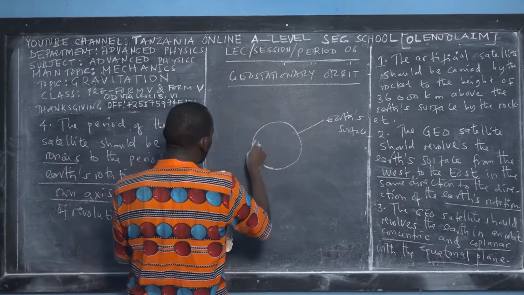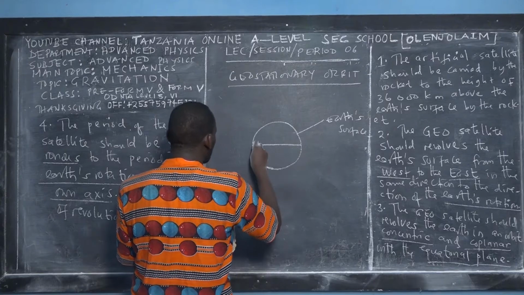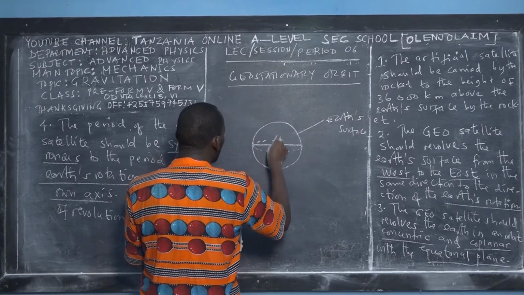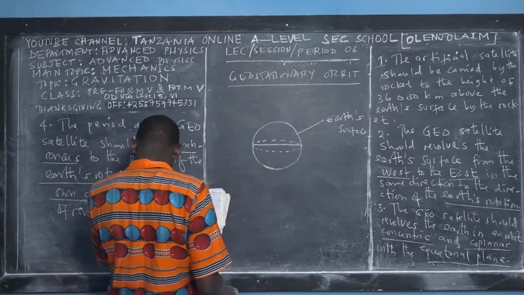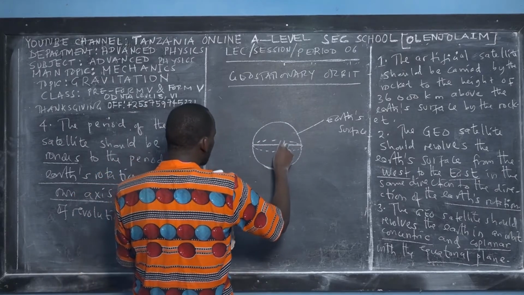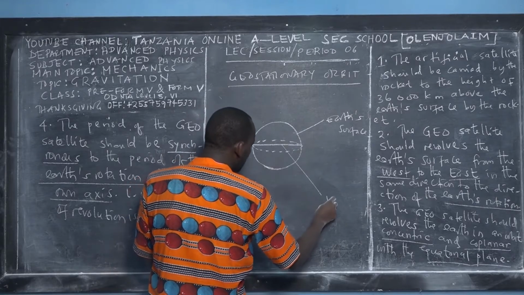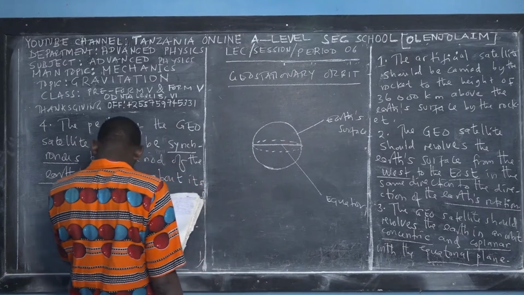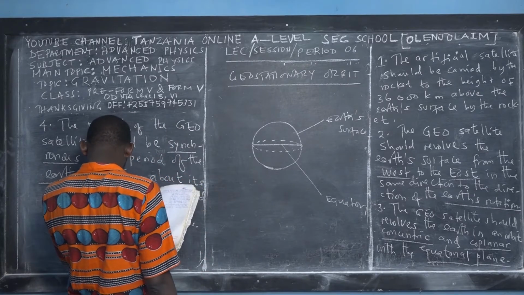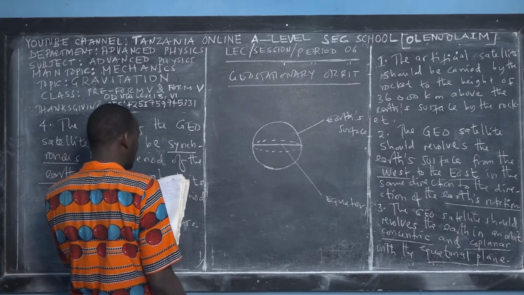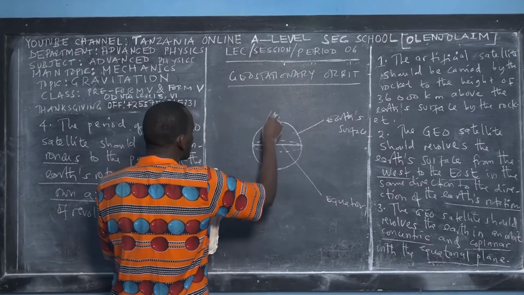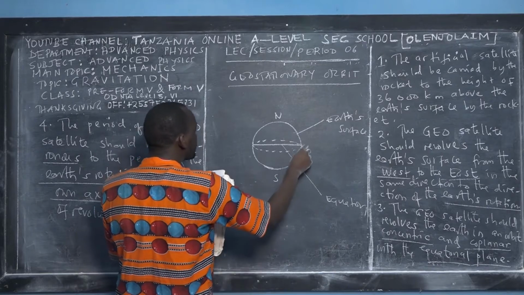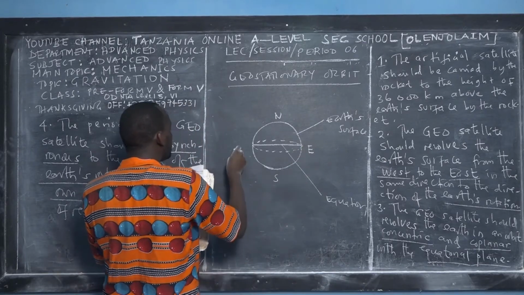And then suppose that this is the equator. So this is the equatorial plane. Remember that this is north pole, this is south pole, this is east, this is west.